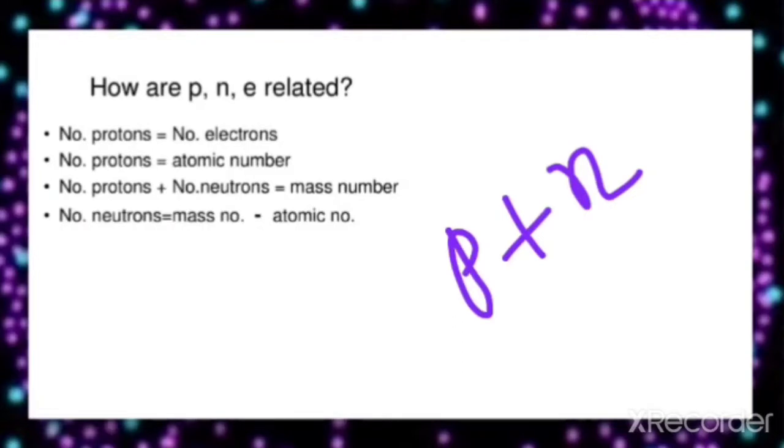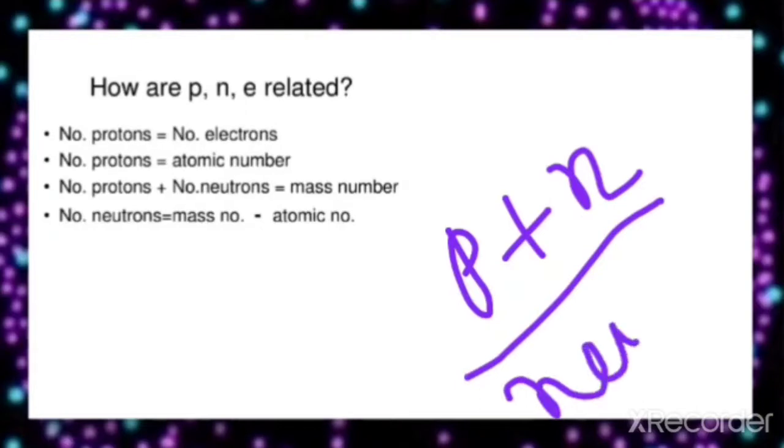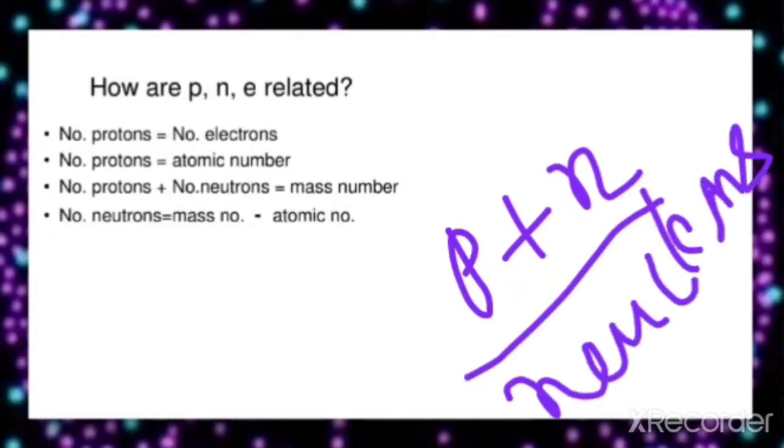Because these are present in the nucleus of an atom, proton and neutron together can be called nucleons. What are nucleons? Protons and neutrons which are present in the nucleus of an atom are called nucleons.